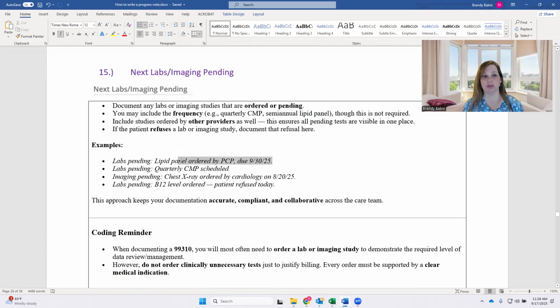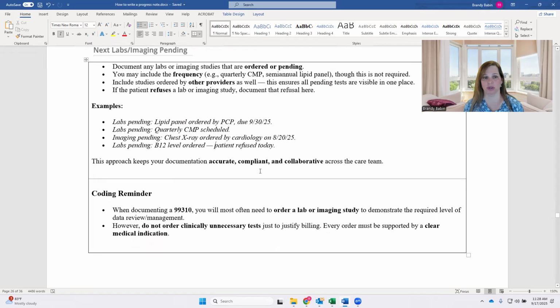So labs, you've got a lipid panel ordered due on 9/30. Remember, if you're using AI, take that date out. Quarterly CMP, a chest x-ray ordered by cardiology on 8/20. Delete the date if you're doing AI. If you're not, don't delete the date. And then your B12 ordered and then patient refused.